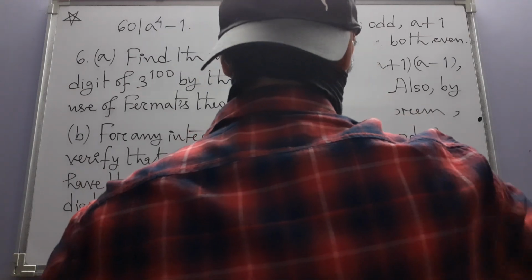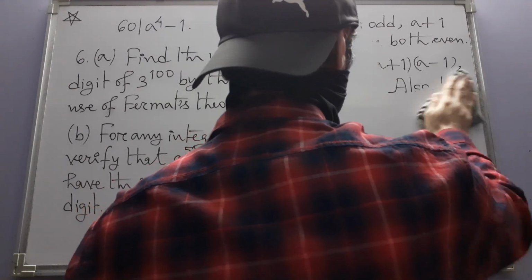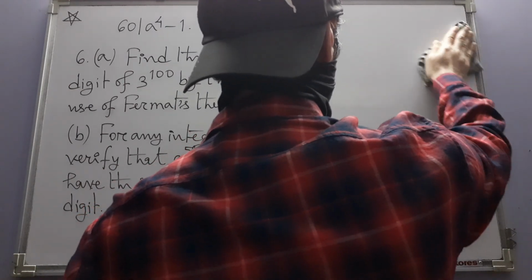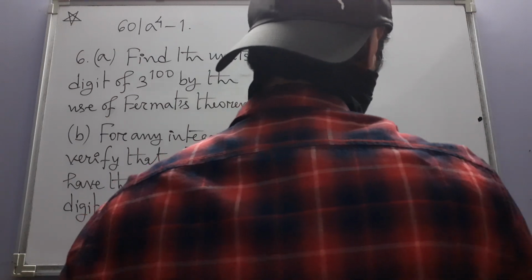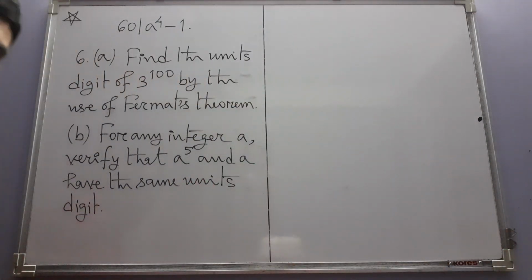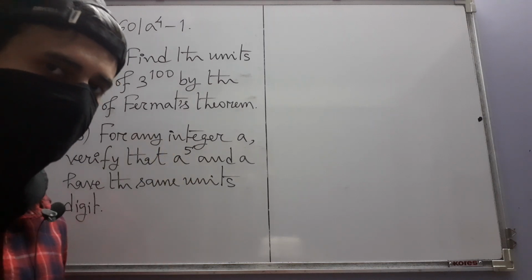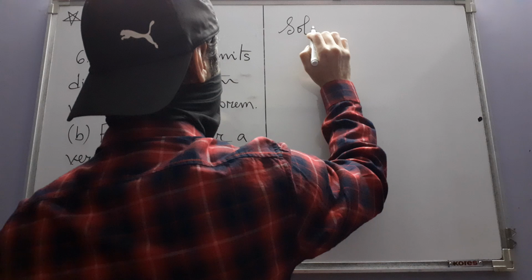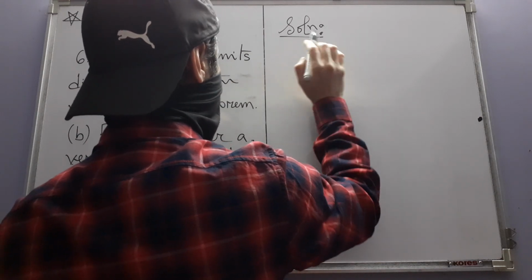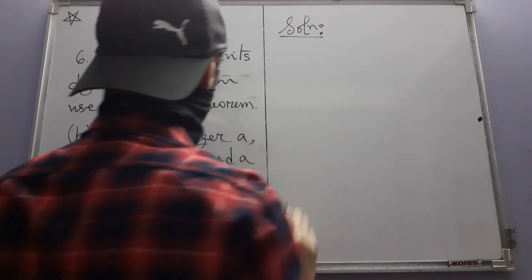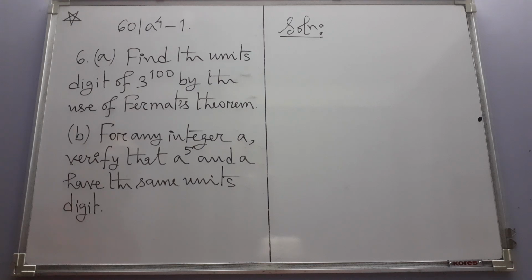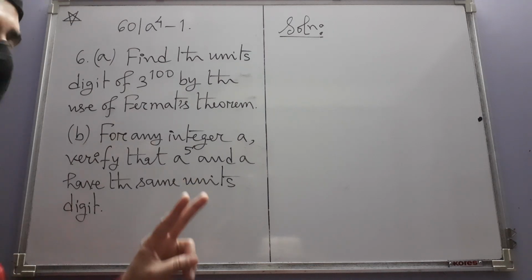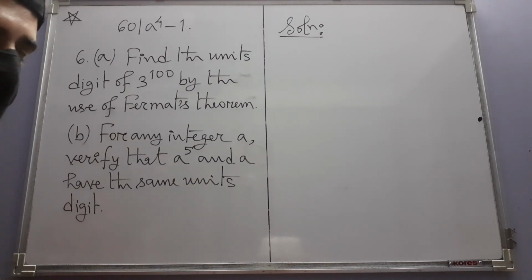And then we also have to prove that for any integer, any integer means of course any positive integer, its last digit and the last digit of its 5th power are the same, which is somewhat interesting. Obviously we are going to use Fermat's theorem, but for the primes 2 and 5 because they give us 10.